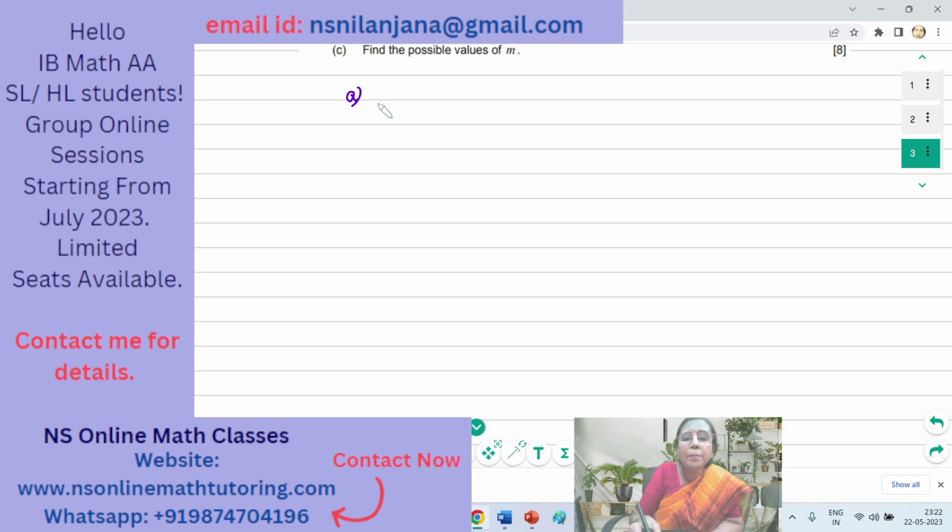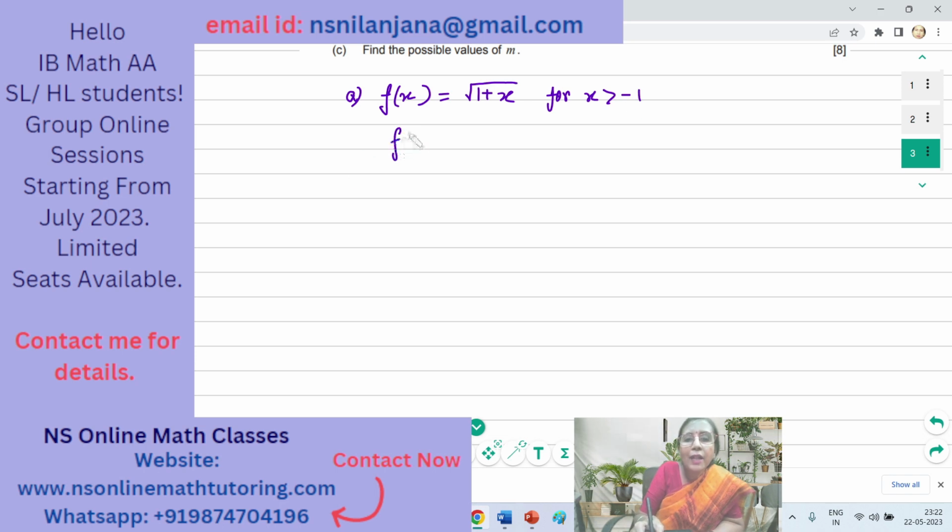So we start with subpart A. f of x is equal to the square root of 1 plus x, for x greater than negative 1.